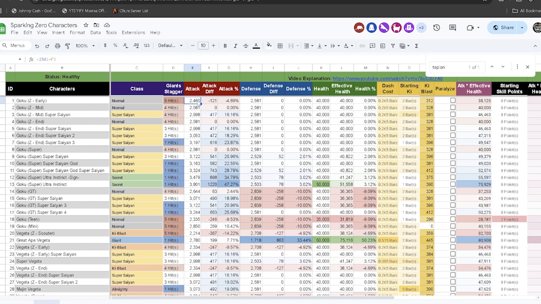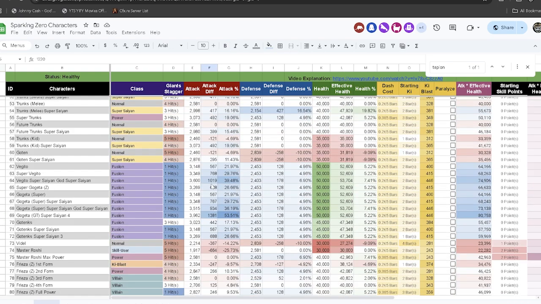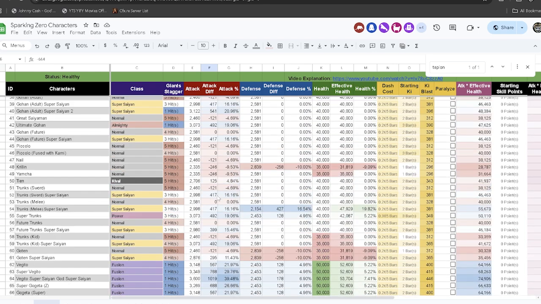That being said, if you look at the attack stat, if instead of 2581 you actually did less damage to your opponent, then that means your attack is lower. So that would mean negative whatever that amount is. Now, we do have this color coded for the attack difference and the percentages. For example, if the attack is higher, it's going to be in blue, and if it's lower, it should be in red.